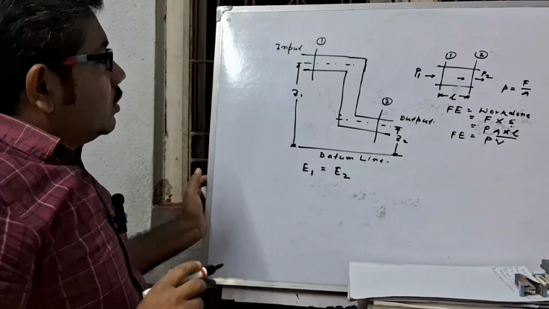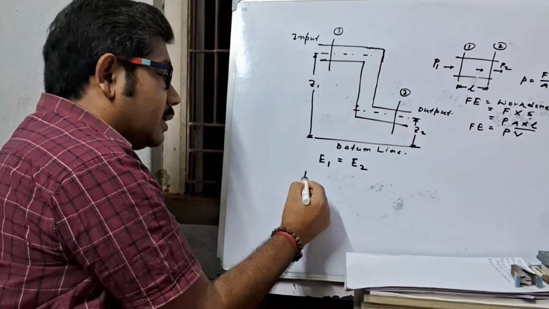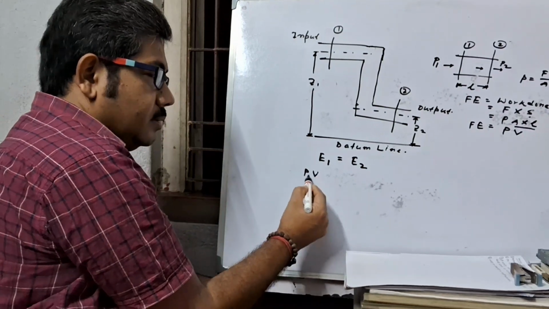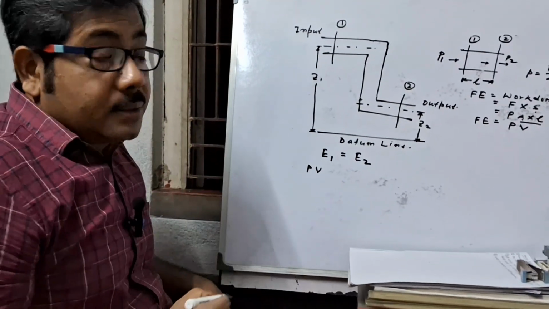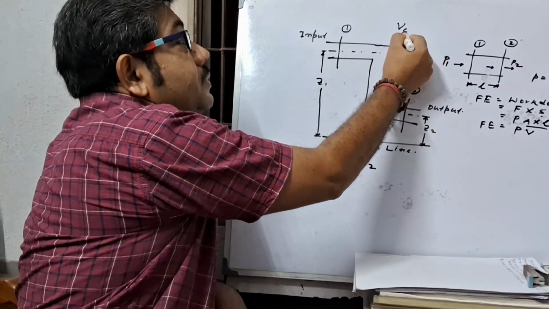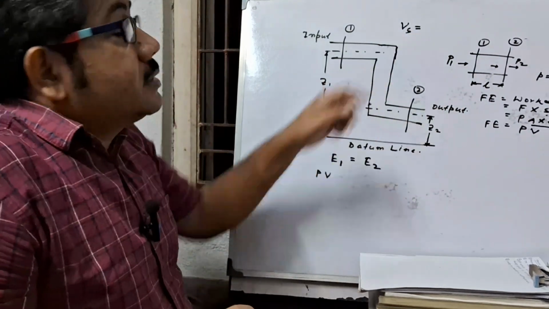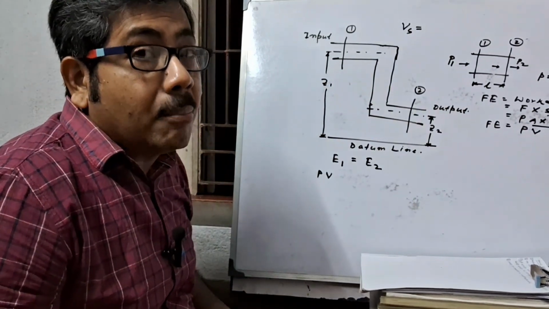Now here total energy at input means flow energy, this is PV. But we know that this is specific volume. What is called specific volume? It is the volume per unit mass.